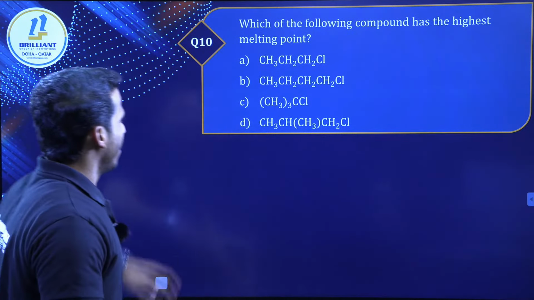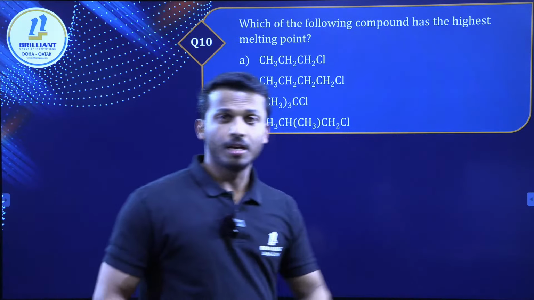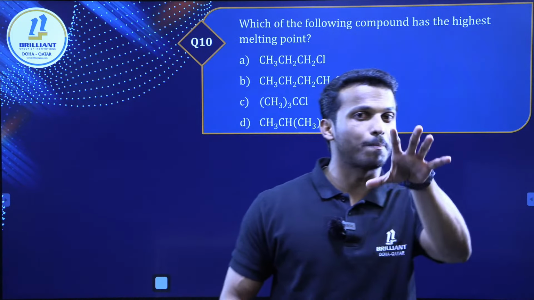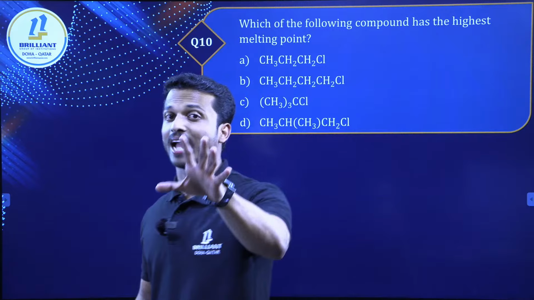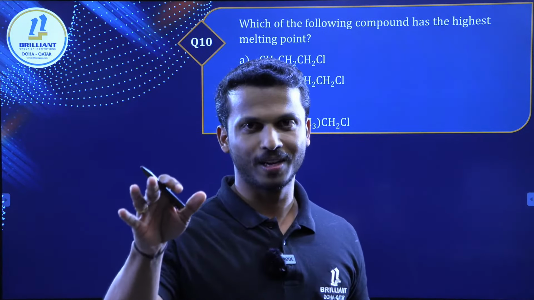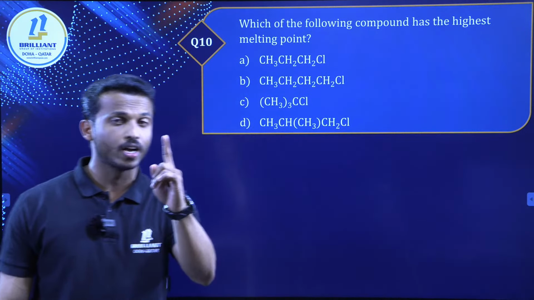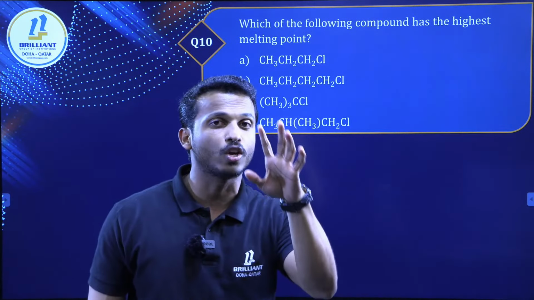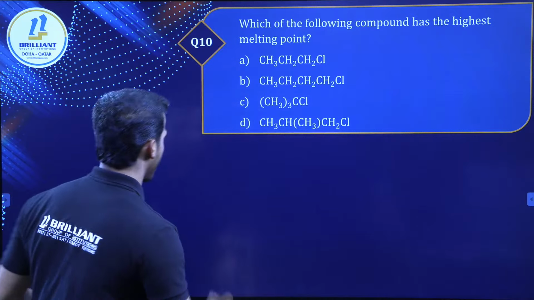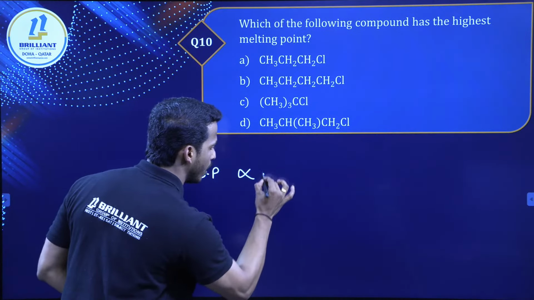Dear all, whenever you get a compound from haloalkane, immediately please don't go to the branching system. You know very well branches number increases mean boiling point decreases. Don't do that. First you check which one having highest molecular mass, because the boiling point and the melting point mainly depends on molecular mass.